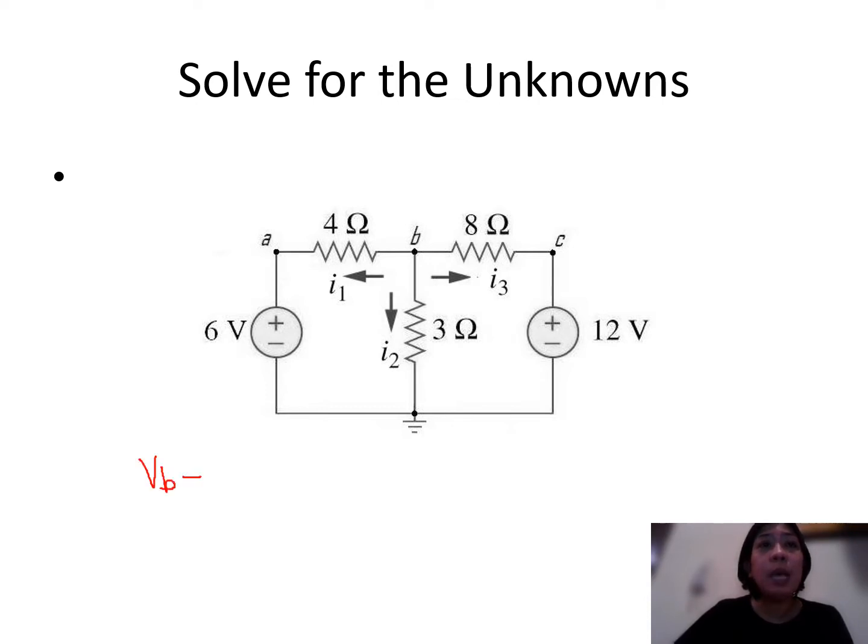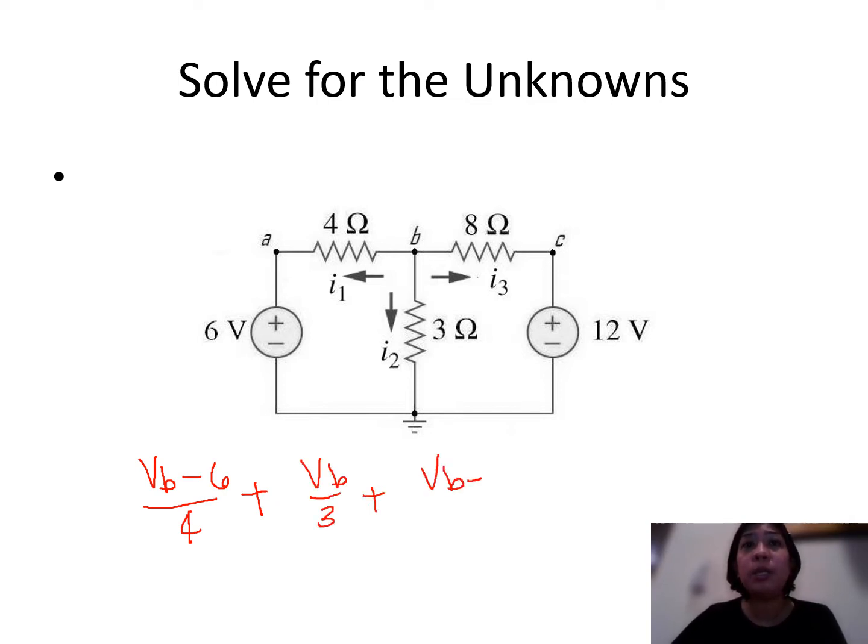We have VB minus VA, which is equivalent to 6, all over 4, plus VB all over 3, plus VB minus VC, which is equivalent to 12, all over 8, and that is equal to 0.